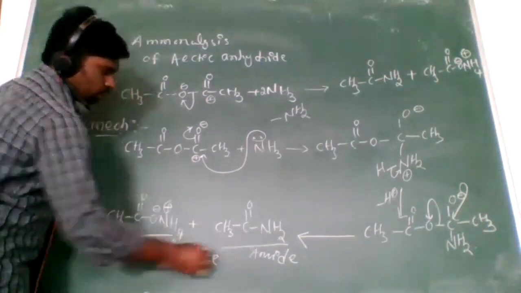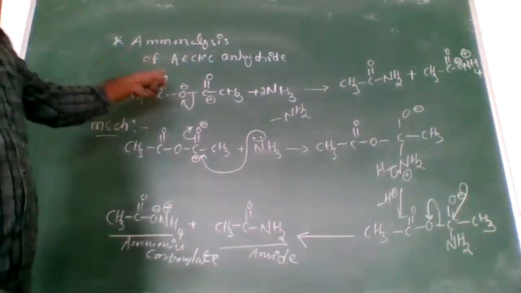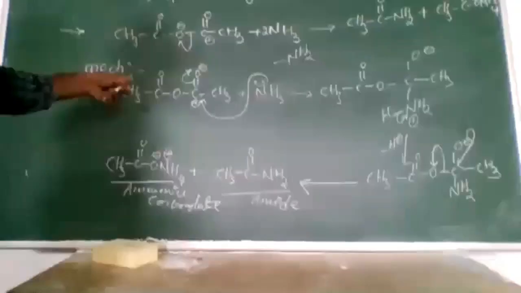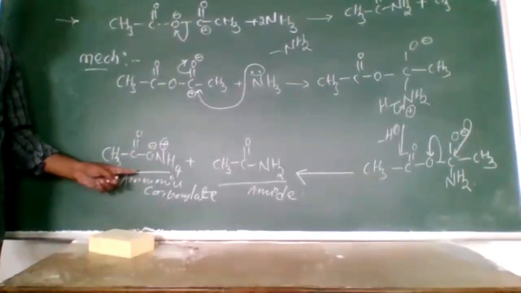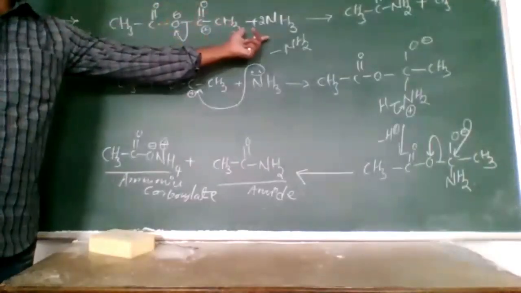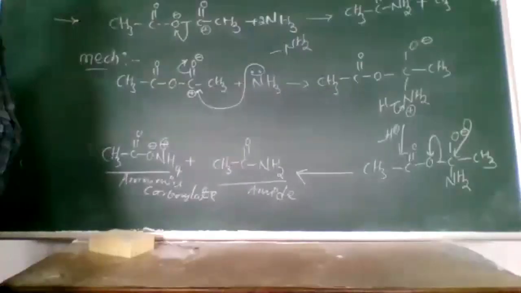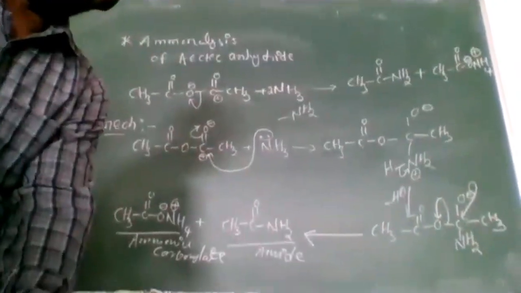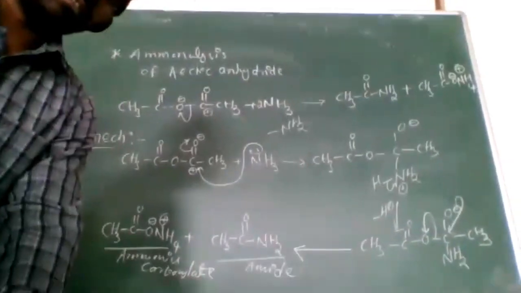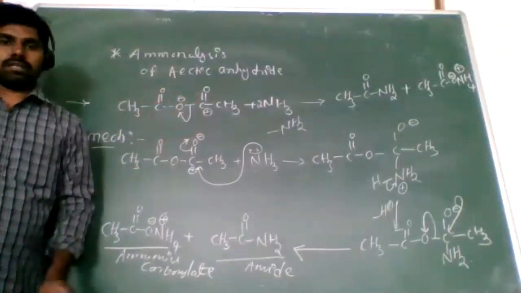So ammonium carboxylate and amide, when going to the hydrolysis of acetic anhydride, sorry, not hydrolysis, ammonolysis, we get amide and ammonium carboxylate. Clear? So this is the mechanism. Okay, write it down.